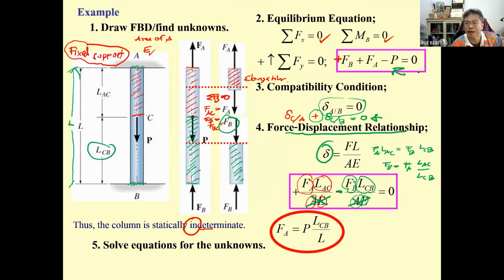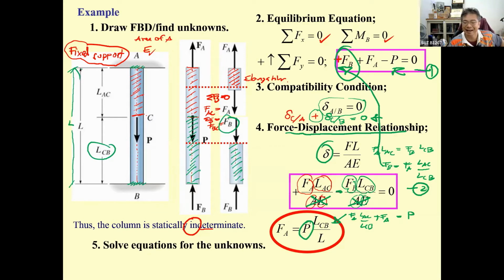This is going to be number 1. This is going to be number 2. Okay, if you plug this F sub B into this equation, you will get F sub A L sub AC divided by L sub CB plus F sub A equal to P. And then you rearrange it, you will get the solution of F sub A in the form of the force P.